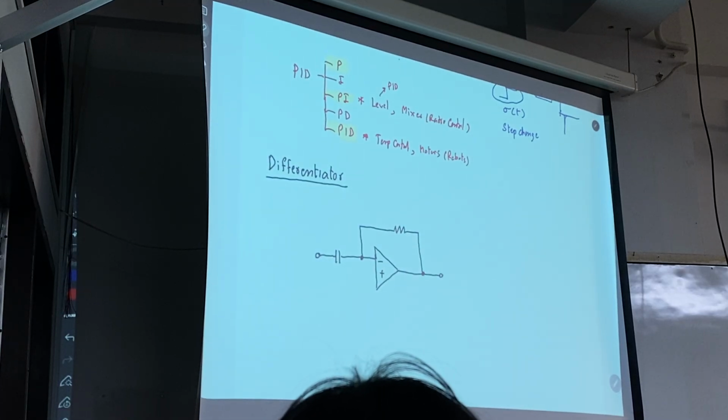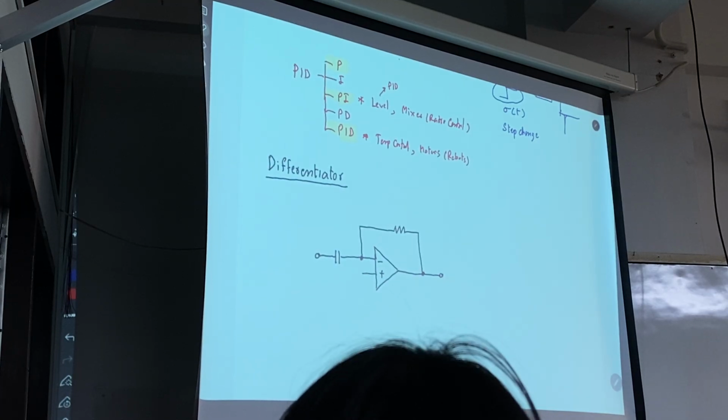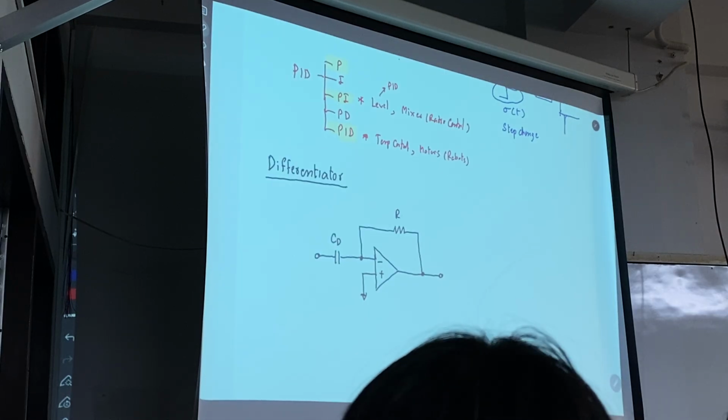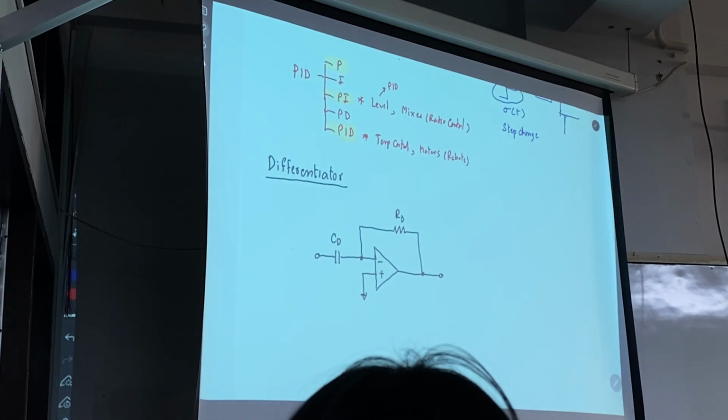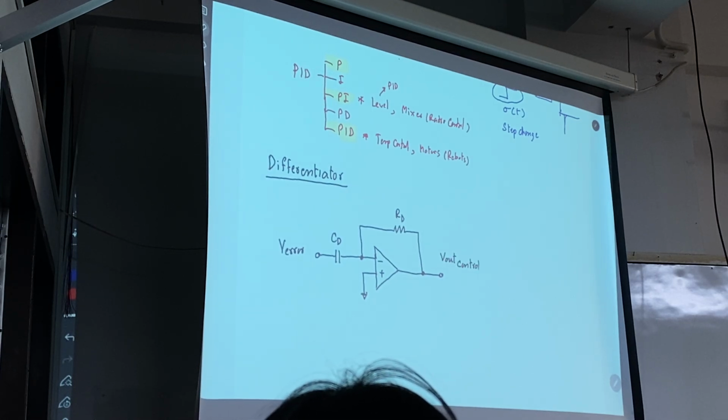So you can recall the integrator last time, where you exchange the positions of capacitor and resistor. This is called CD, and we call this RD. The input of the controller must be VRL, as you know from the differential amplifier. And here is the Vout of the controller.